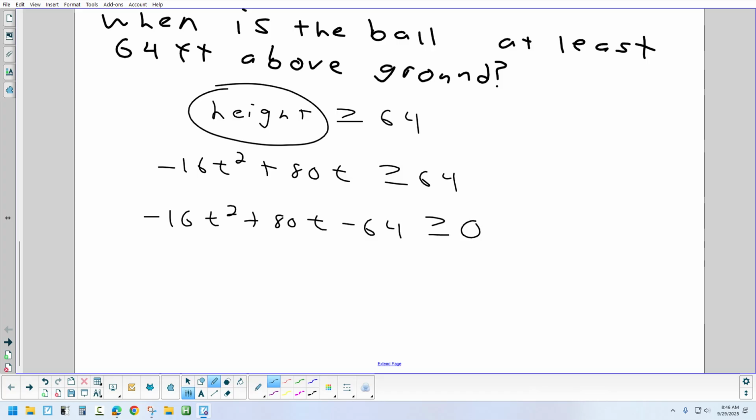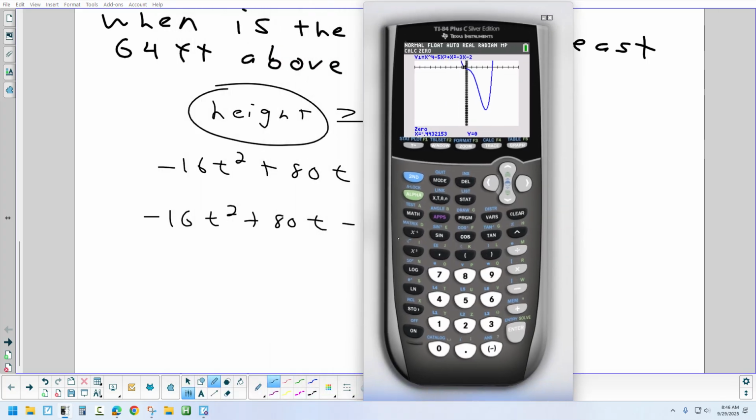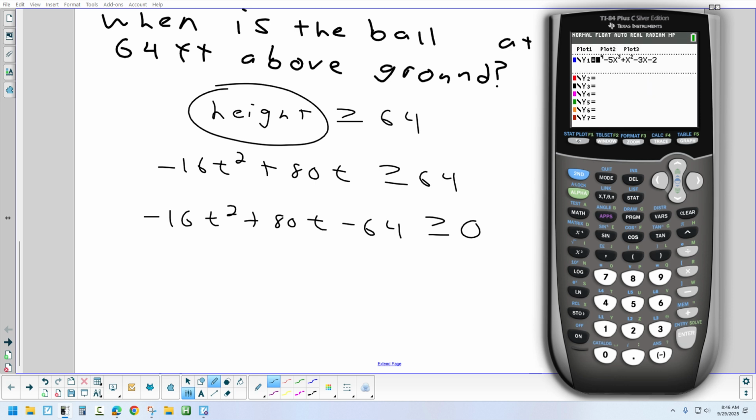I'm going to put that in on y1, and I'm going to be looking for where my graph is at 0 or higher. So we got negative 16x squared plus 80x minus 64.